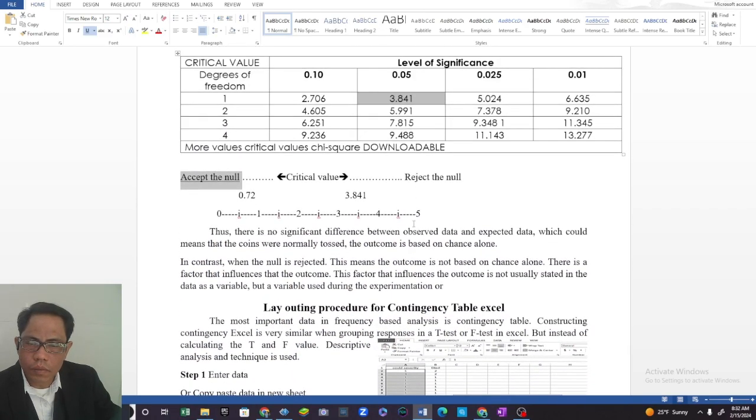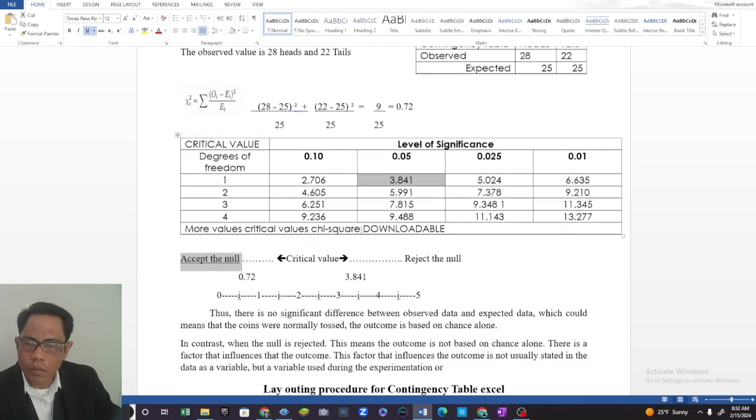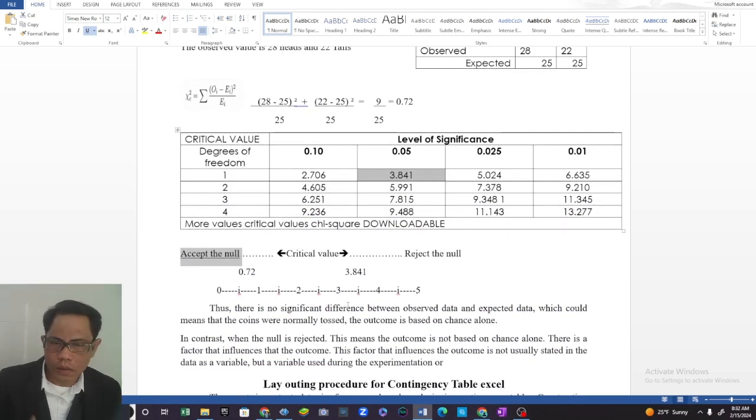So yes, there is no difference because technically, between the observed data and the expected data, everything happened by chance alone, which could mean that the coins were normally tossed and the outcome is based on chance alone.